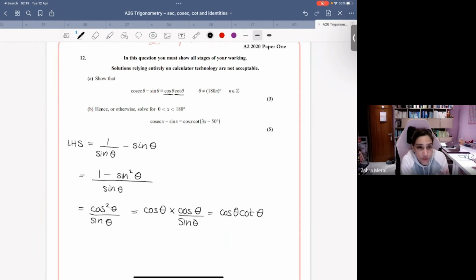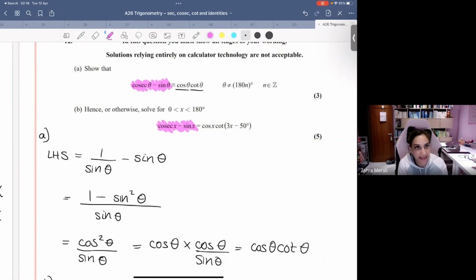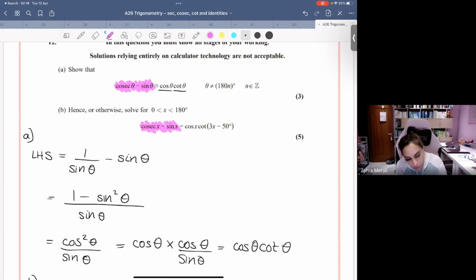You're always using what you've already done. So for part B, let's see what the connection is. We can see that this effectively matches up to this. So we can replace cosec x minus sine x with cos x cot x.